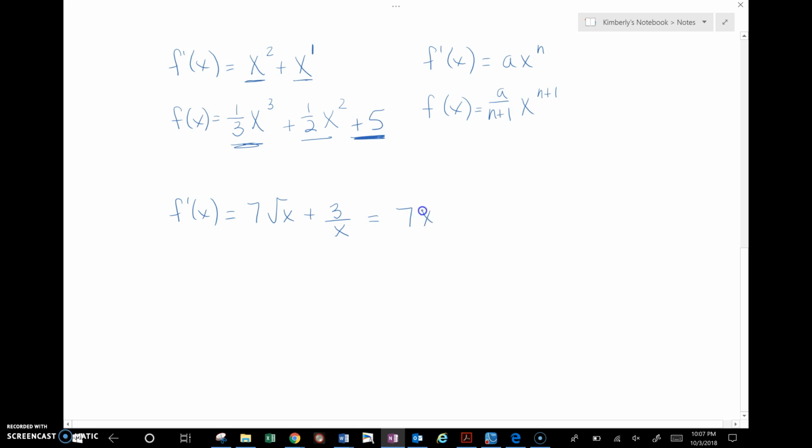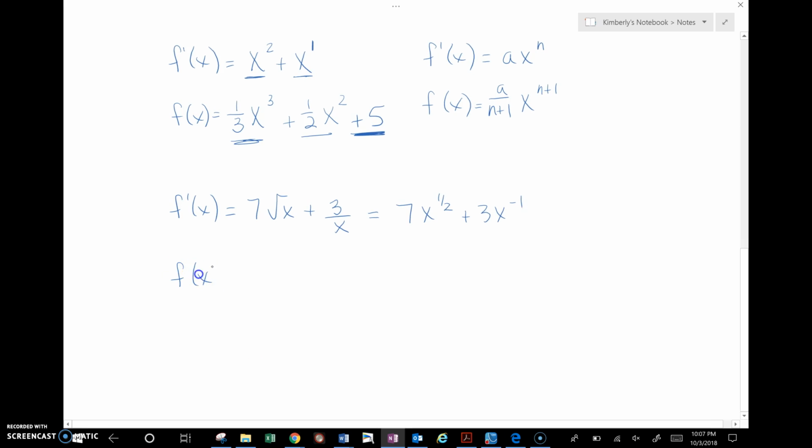So that's 7x to the 1/2 plus 3x to the -1. You want to see that radical as a fractional exponent. You want to see that denominator as a negative exponent. And now let's go through the algorithm to take an antiderivative.